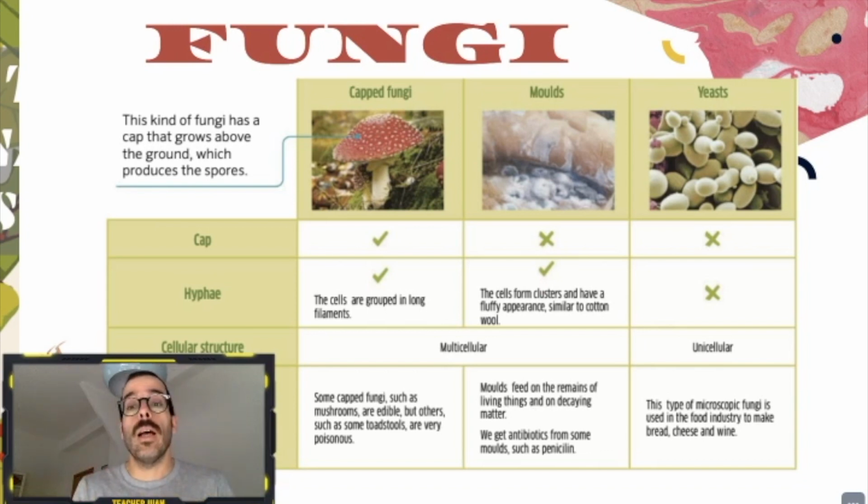And to make some wines and beer too, we use these yeasts. It's important. So we use fungi every day, okay? In our day-to-day, we are used to consuming these fungi, okay? And we are going to see a little bit of the different types of multicellular fungi.